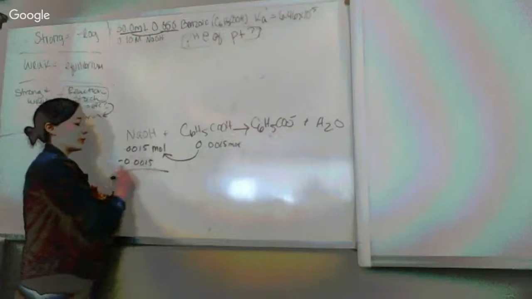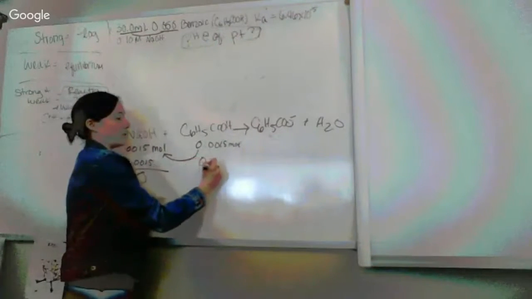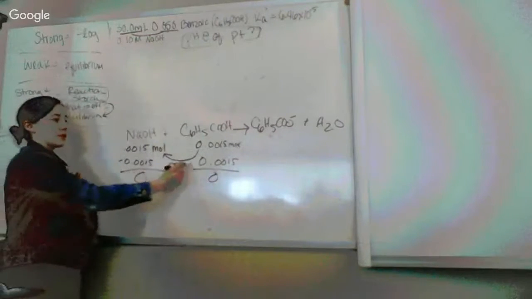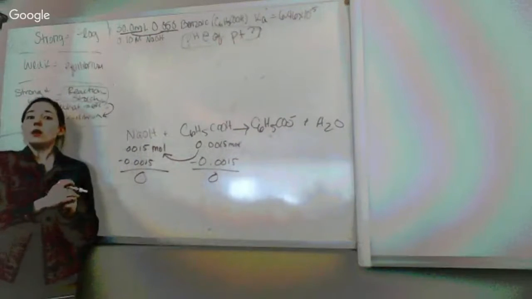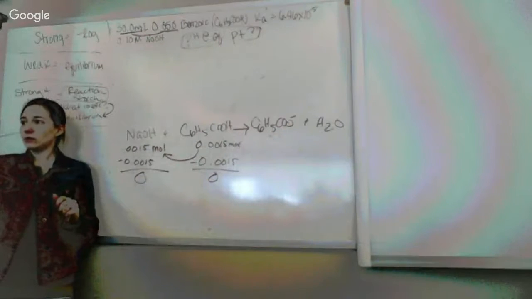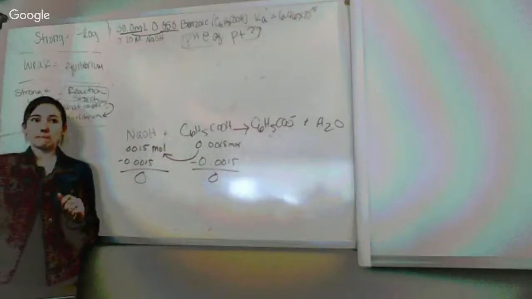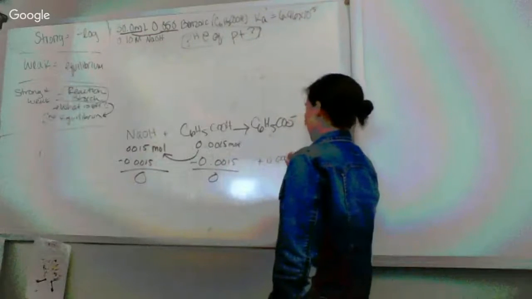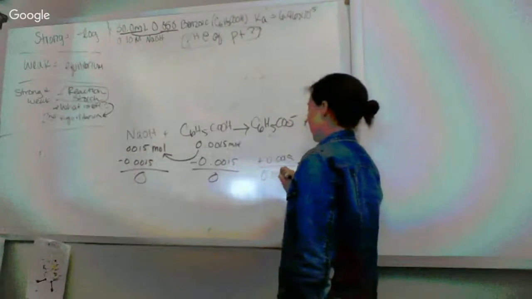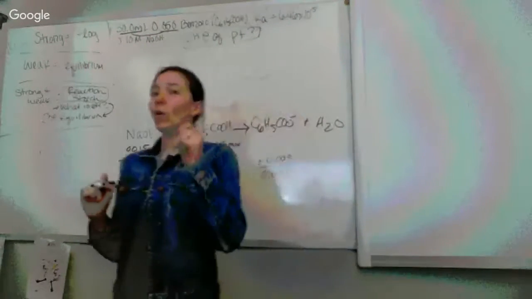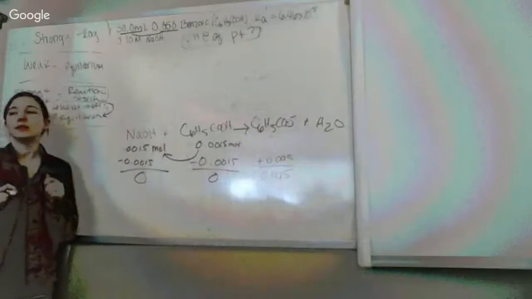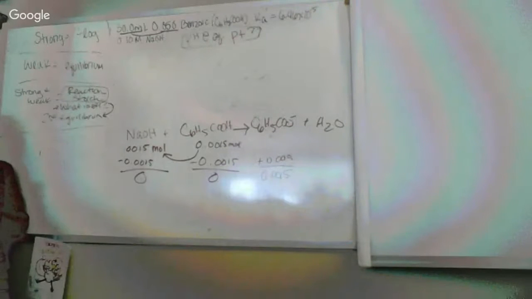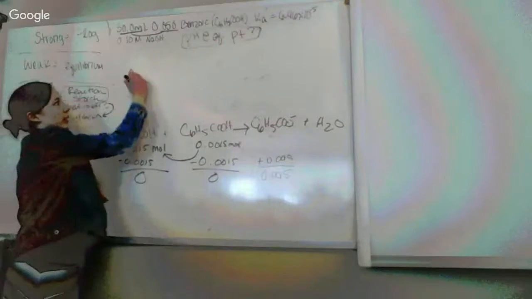Okay, so then they're going to react. It's the equivalence point, so the goal is that these are both 0, which conveniently it is. So I lost that. And then what do I make then? So now what's the only thing I have left that's able to participate in my equilibrium problem? My benzoate, right?